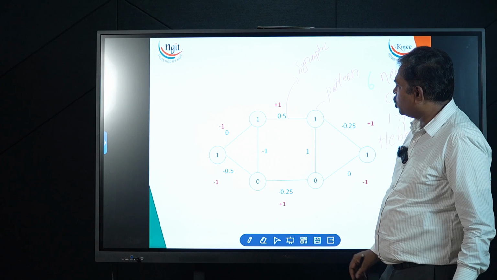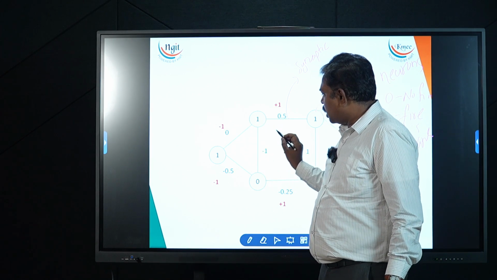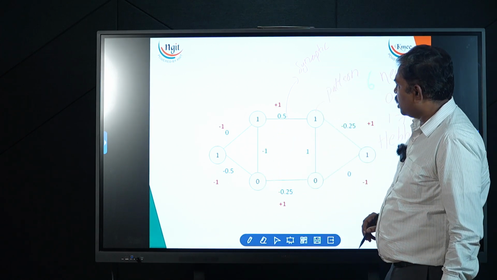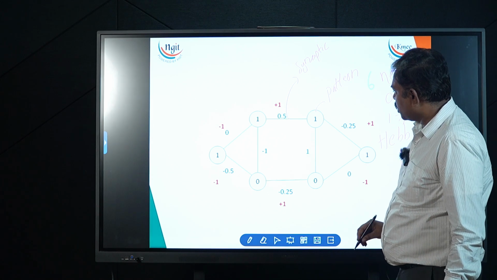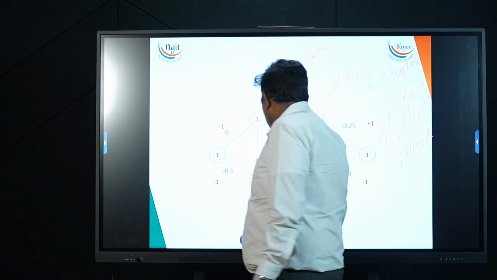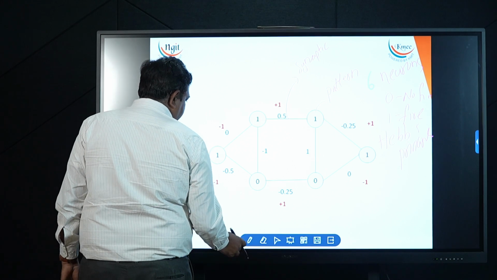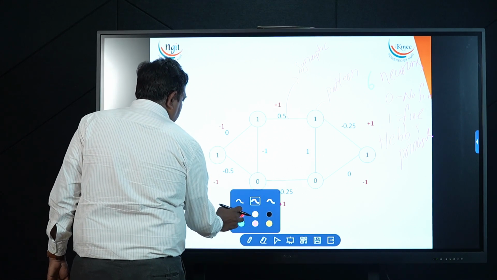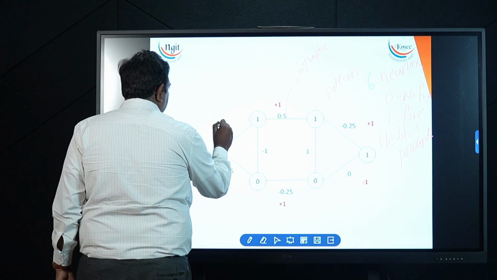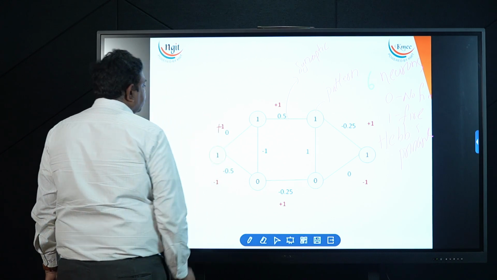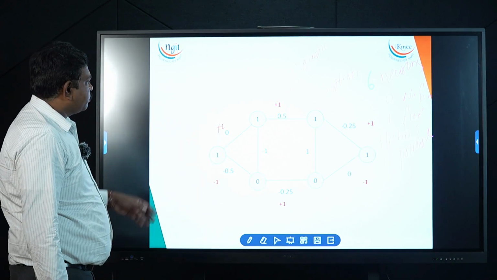In the remaining cases, where one neuron holds the pattern and the other neuron holds 0, I give -1. Here it's +1.